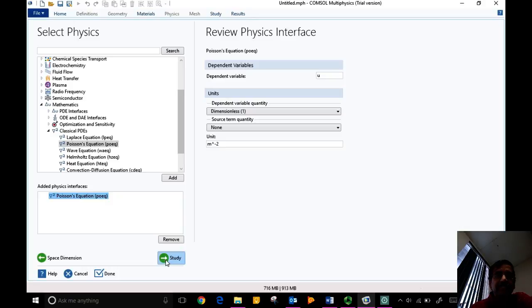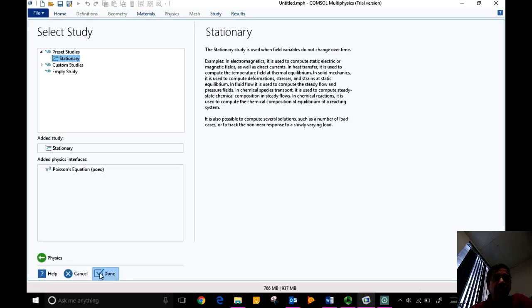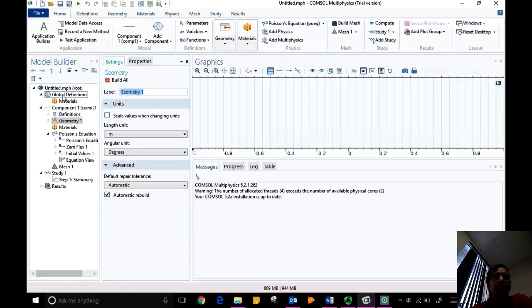Then it says study. What kind of study do you want to do? We have already seen that. What are the possible studies? Stationary, dynamic, eigenvalue problem, etc. In this case, I'm going to pick stationary, and I'm done. Because I picked a 1D problem, it tells me a one-dimensional variation here. Now I need to define a geometry.